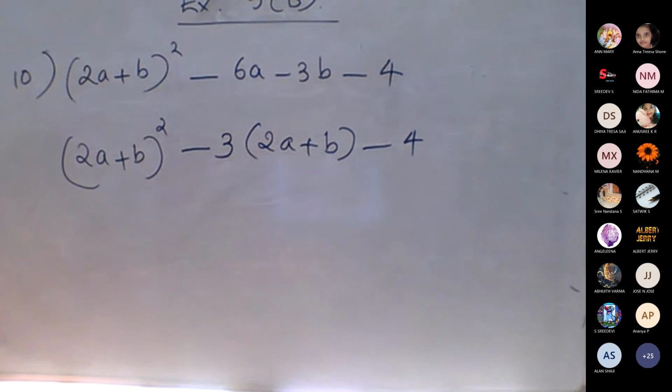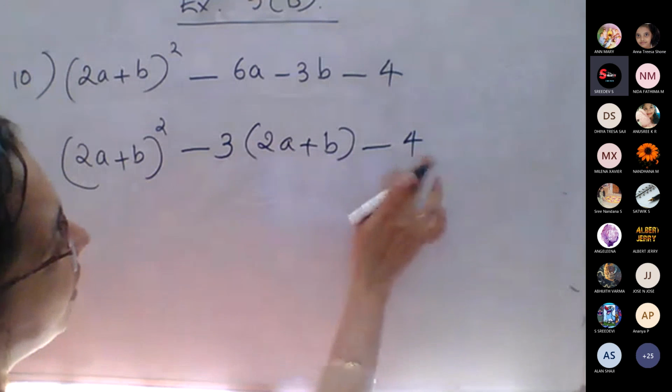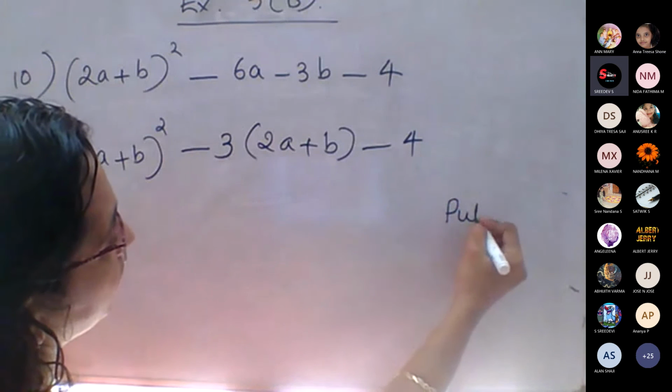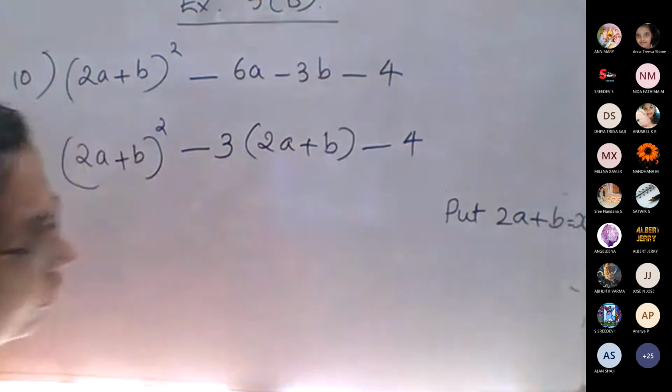So (2a plus b) the whole square minus 3 into (2a plus b) minus 4. The next step, what can we do? Put 2a plus b equal to x.